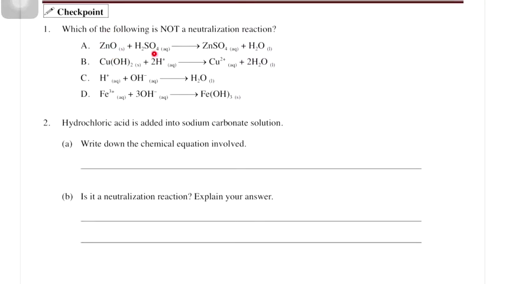It reacts with an acid and produces a salt plus water, so that should be a neutralization reaction. And second example, again, we have an insoluble metal hydroxide react with the hydrogen ion that are released from an acid, and then it will produce the metal cation with water.